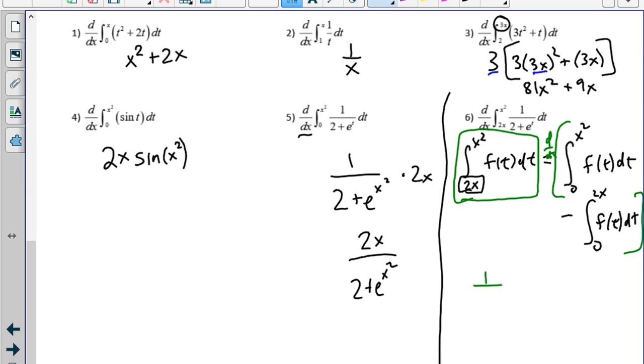I get 1 over 2 plus e to the x squared times 2x. We did that in the previous problem. And then I'm going to subtract what happens when I have 2x in this case. And the derivative of 2x is just 2. So I get 2 plus e to the 2x in the denominator and 2 in the numerator. It's kind of sloppy handwriting, but sorry about that.